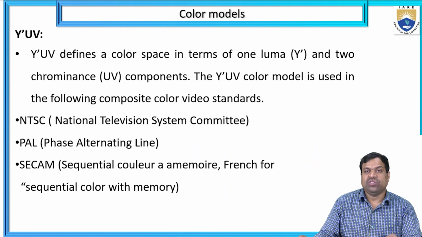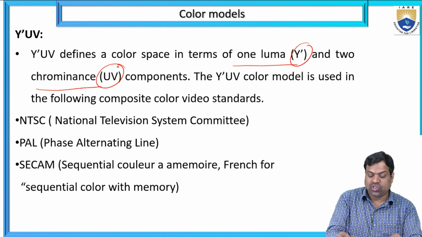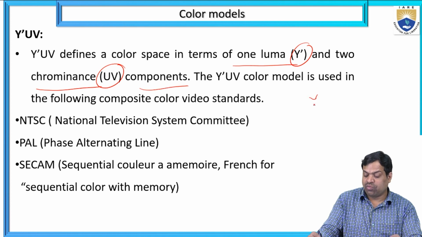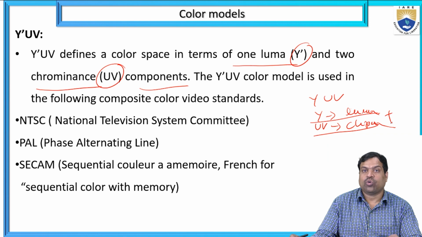So next one is YUV. YUV defines a color space in terms of one luma Y and two chrominance components, that is the UV components. YUV means luma and chroma, a combination of luma plus chroma.